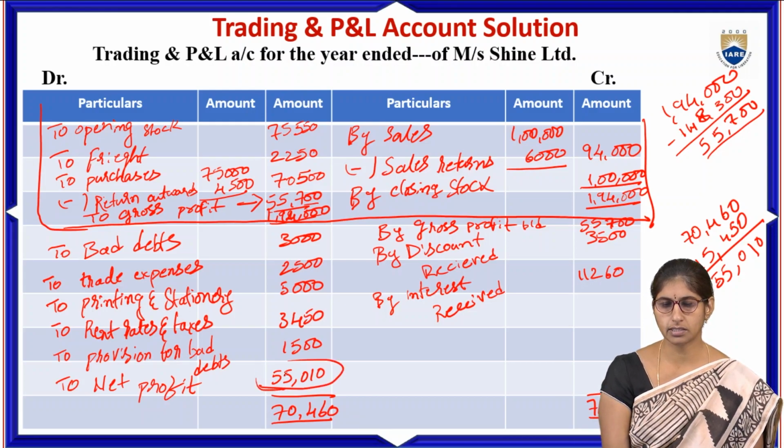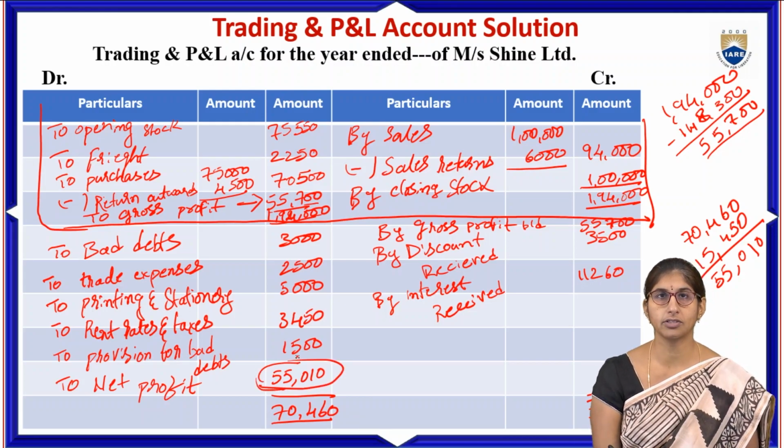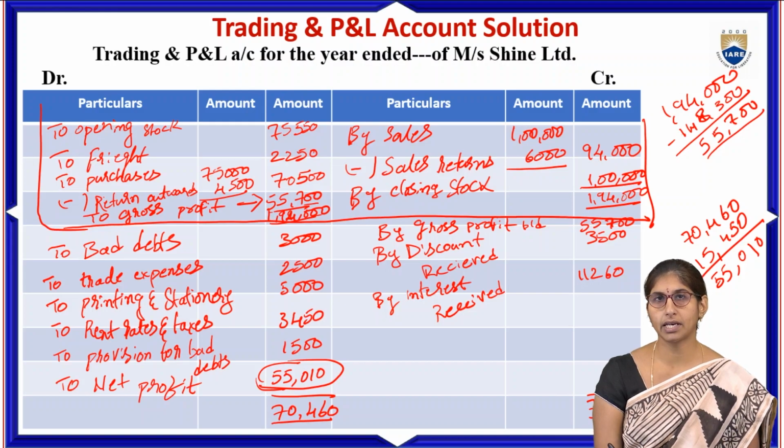So this is net profit. This net profit has to be added to the balance sheet in the liability side for the capital.